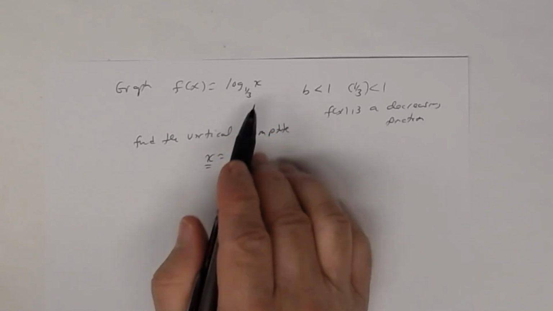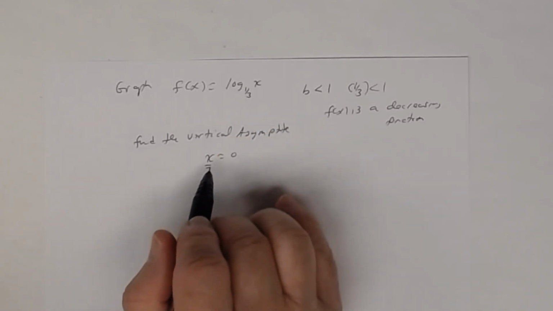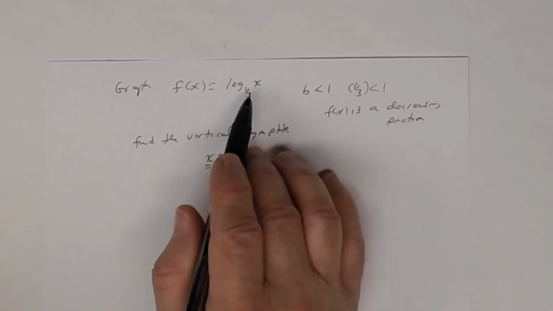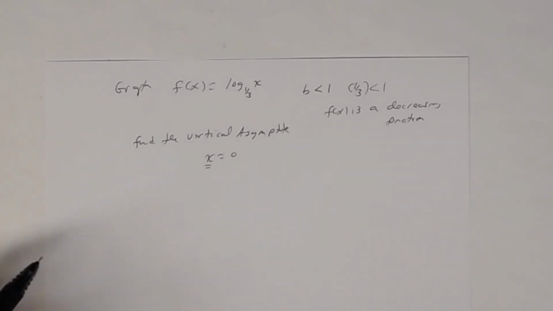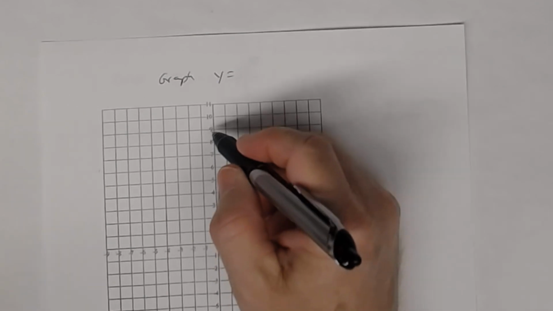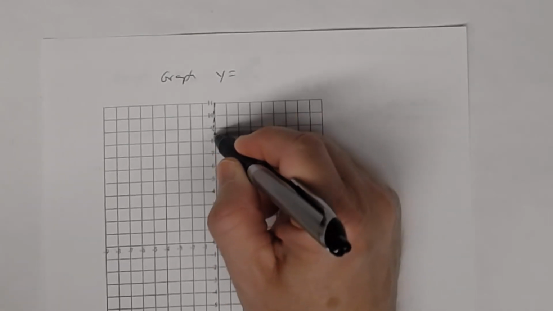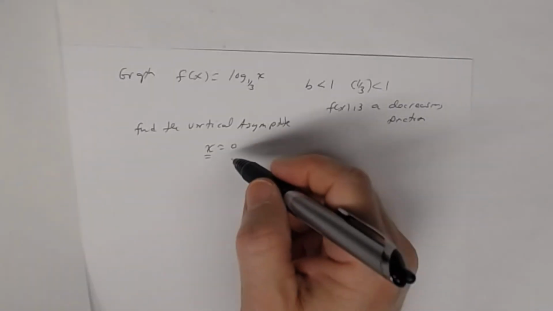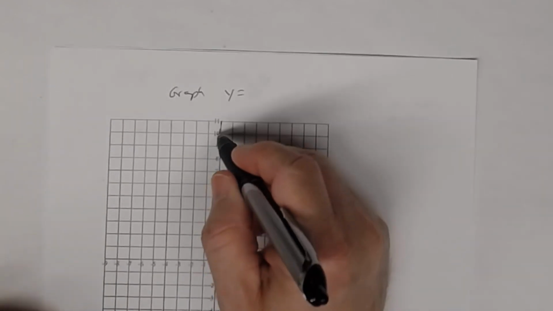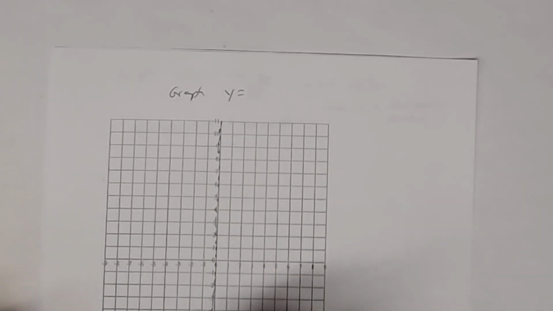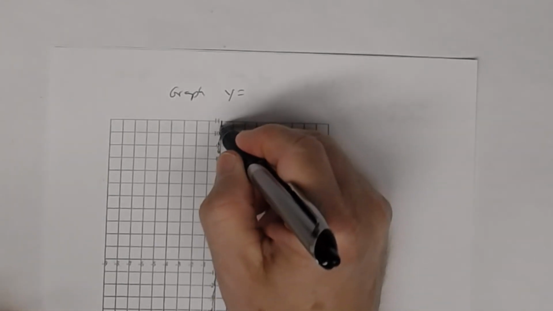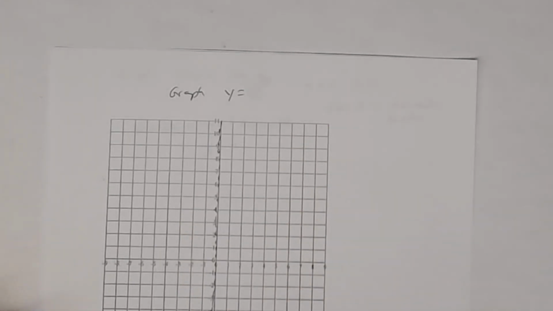It's always the argument equal to 0, solve for x. But if this is just x, then your vertical asymptote is x equals 0. And so when we draw the line x equals 0, that happens to be the y-axis. So there's your vertical asymptote.